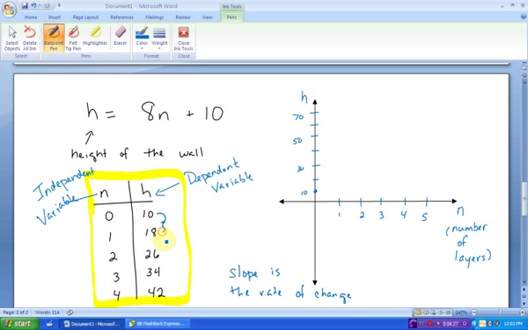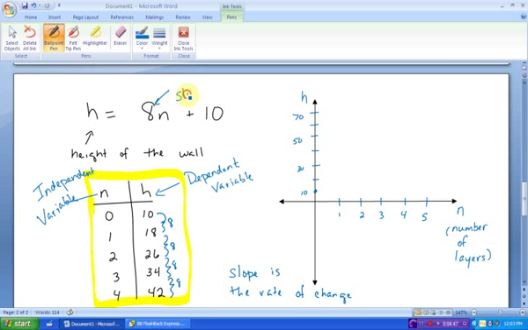Well, that's changing by 8, and 18 to 26 also changes by 8, and so forth. That's where we have our linear equation. And that change is our slope. And it happens to be the number that's right in front of the variable.